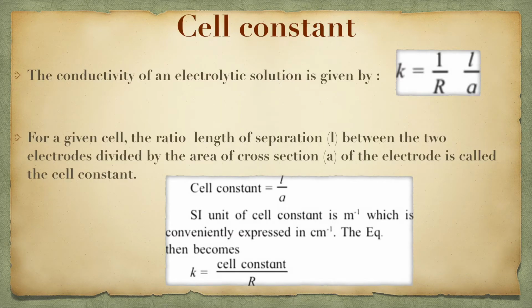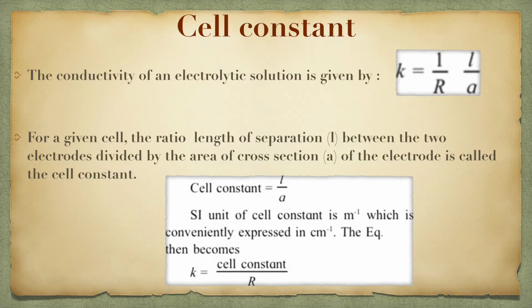Now next we'll understand the cell constant. The conductivity of an electrolytic solution is given by kappa equals 1 upon R times L by A. Here I have written 1 upon R because from the conductivity cell I can get the value of resistance, so I am writing 1 by R instead of capital G, the conductance.